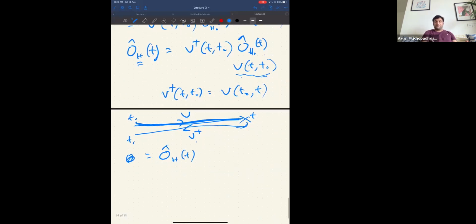It follows simply from the properties of U. So what I'm saying is V is equal to U dagger U tilde, and V dagger is U tilde dagger, and so on. Each of these arguments is reversed. You can easily prove this from what we did with U, that V dagger(t, t naught) is nothing but V(t naught, t).